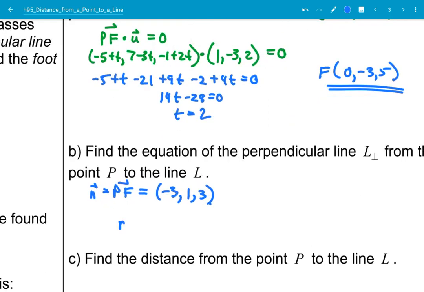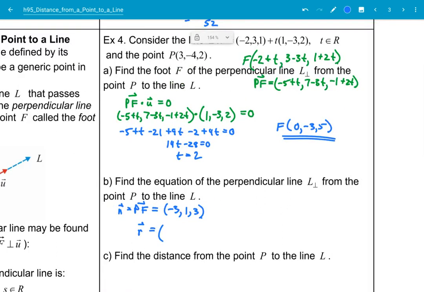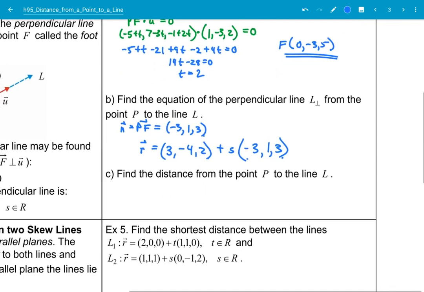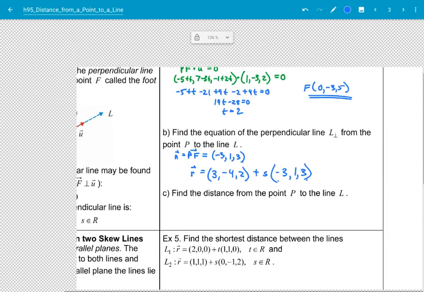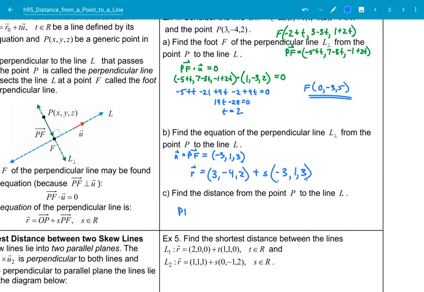So I need the equation for a line from the point P. The point P was 3, -4, and 2, plus S, not T, use something else. And the normal is the direction of the perpendicular line. There we go. Find the distance from P to the line. Well, that's just the magnitude of PF. Okay, so that's the magnitude of -3, 1, and 3. And that'll be the root of 19.